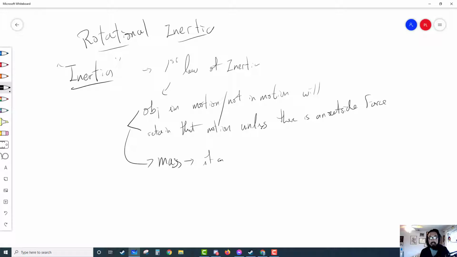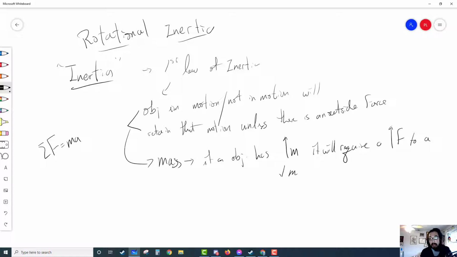If an object has great mass, it will require a greater force to accelerate. That makes sense because according to Newton's second law, net force is equal to mass times acceleration. So if our mass is big, it requires a lot of force to get an acceleration out of it. And the inverse is true: if the mass is small, it will require just a small force to get that acceleration.